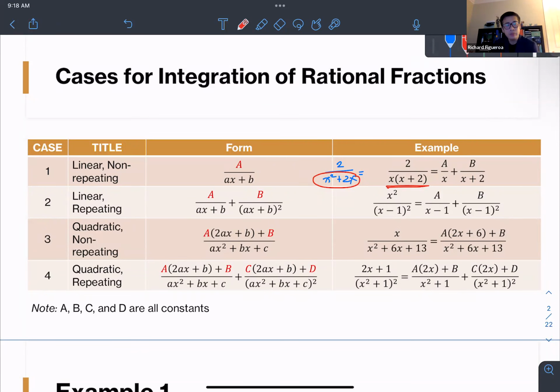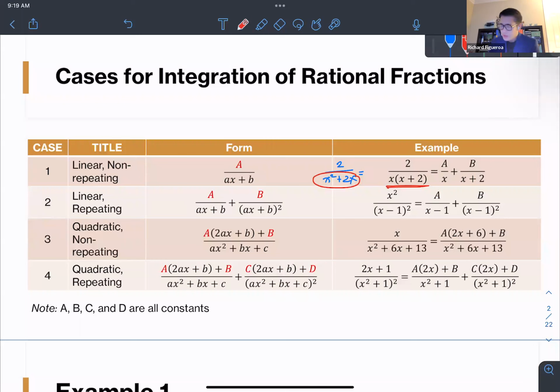Case 3 and case 4 pertain to quadratic factors. For the difference between case 1 and case 2, one is non-repeating, the other is repeating. Case 3 is non-repeating, case 4 is repeating quadratic. So that's how to distinguish.